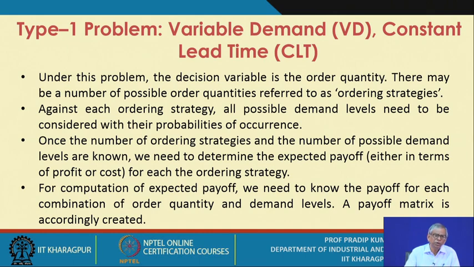Suppose the demand for 1 unit, 2 units, up to say 10 units, so you have 10 possible demand levels. You collect data, analyze it, and you find that against a demand of 1 unit the probability is 0.05, against a demand of 2 units the probability is 0.15, like this.